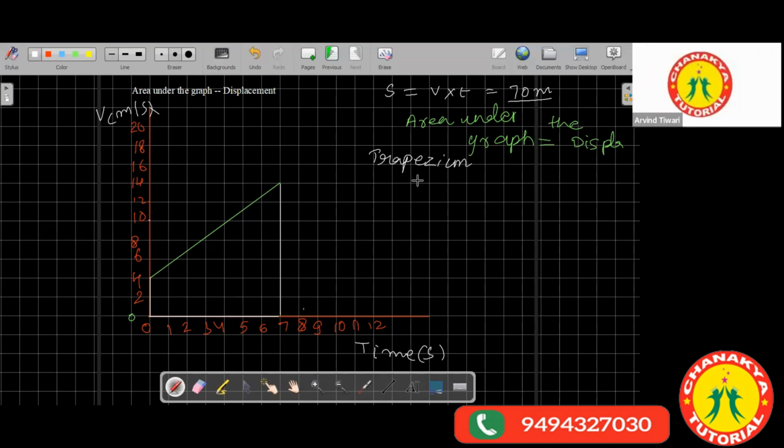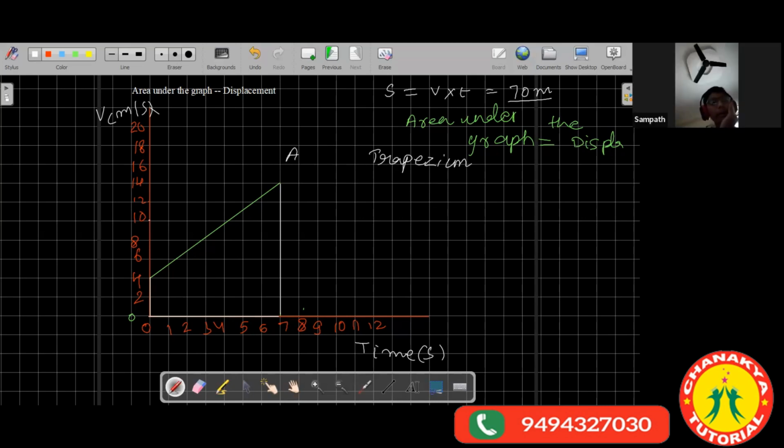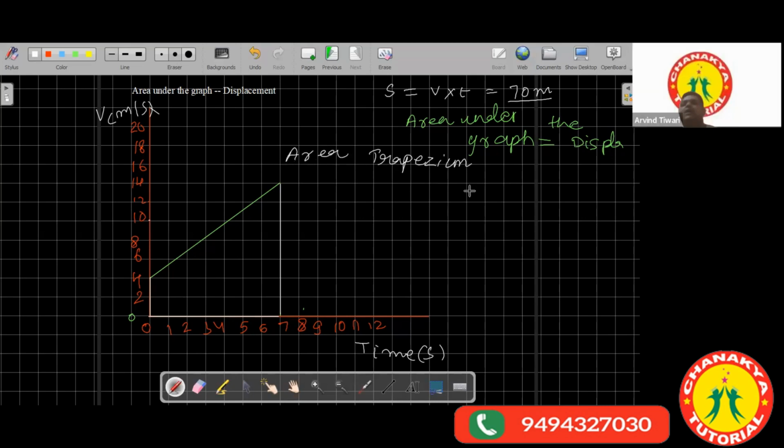And what is the formula to find the area of a trapezium? Area of a trapezium is 1 by 2 multiplied by the sum of parallel sides multiplied by the height.